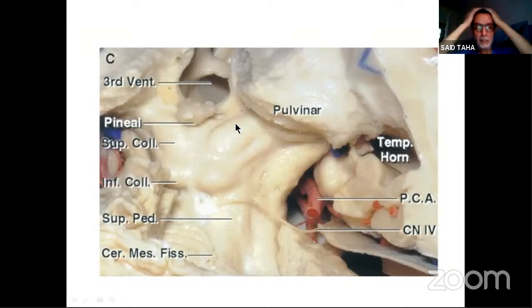It's a complicated space, even without vascular structures, but unfortunately here we haven't. Perhaps here is the crus that passes around the pulvinar.